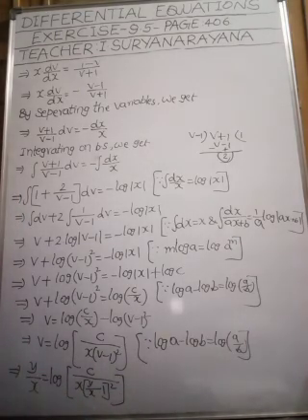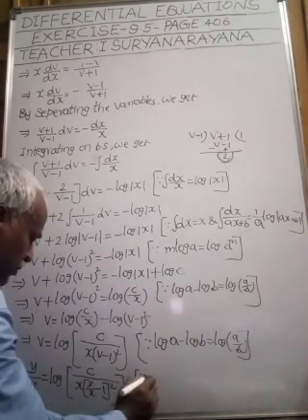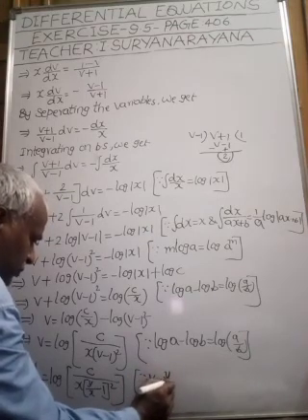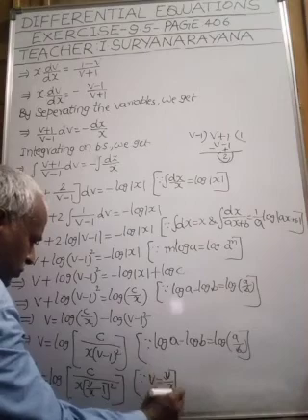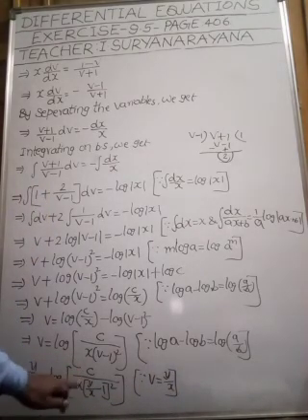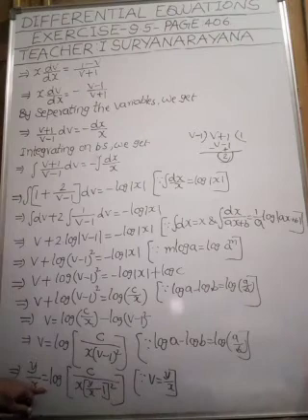Understood this step, my children? Because v is equal to y by x. Okay, my children? Understood this step? Finally, we are writing the given value v in terms of y by x. Okay, my children? Right.